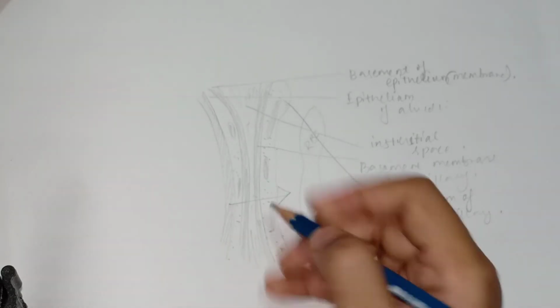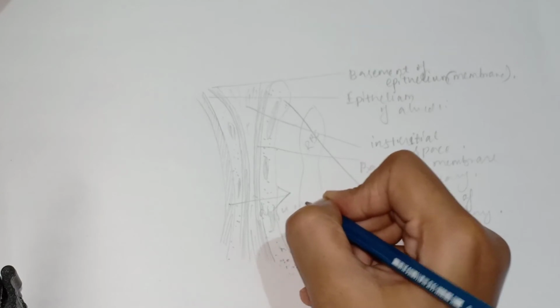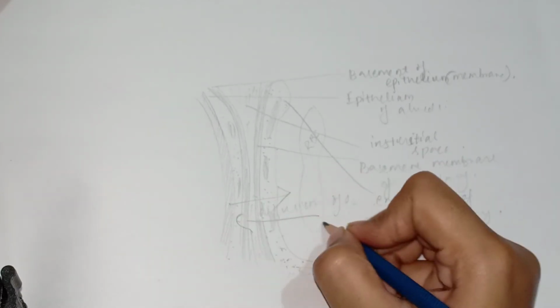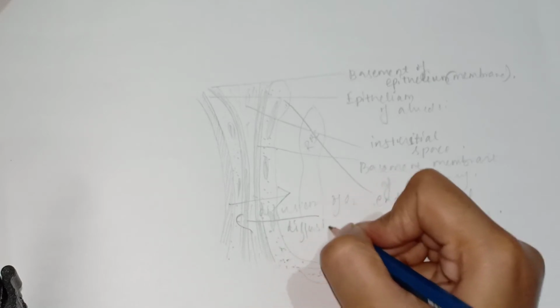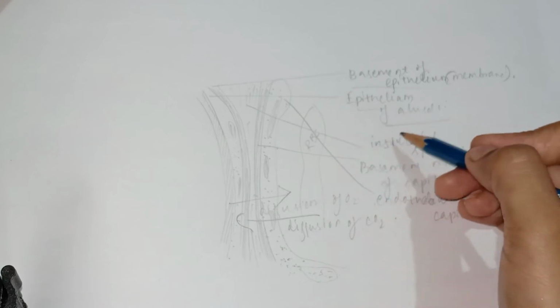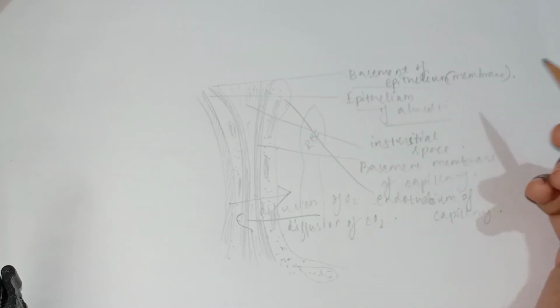Here diffusion of oxygen takes place, and from RBC to the cells, here the vice versa of CO2 takes place. These layers form a membrane of 0.2 mm thickness.